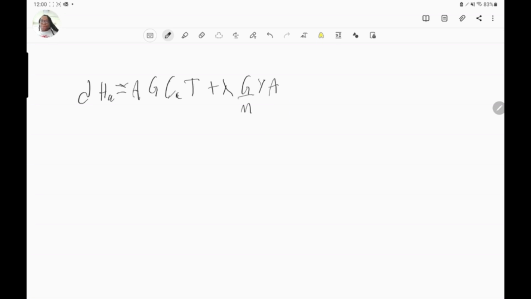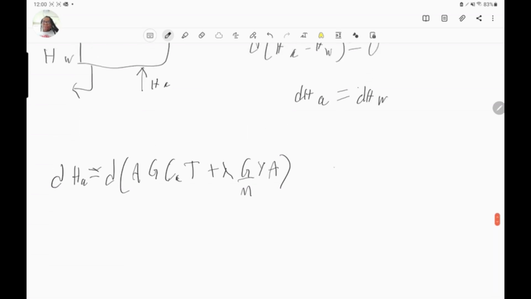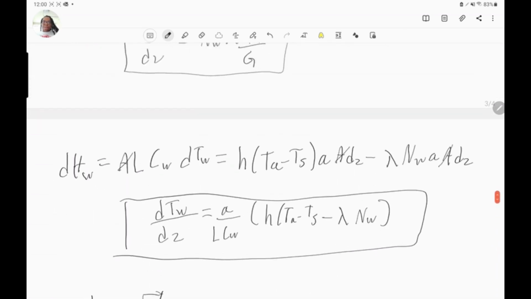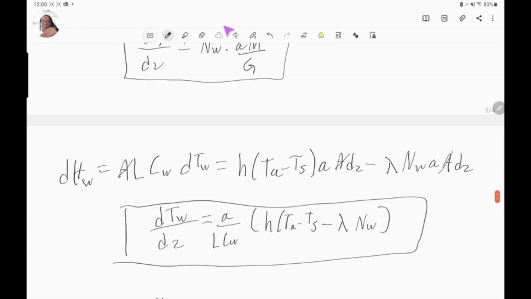And so all of that will be, move this over a bit, differential here. And so we can set that equal to the change in enthalpy of water that we have up here. So we're going to bring that down.